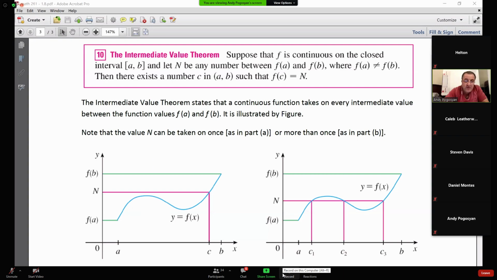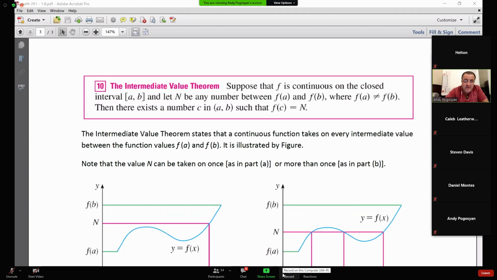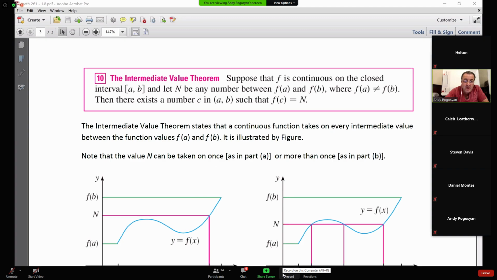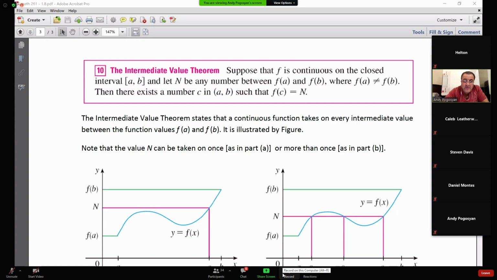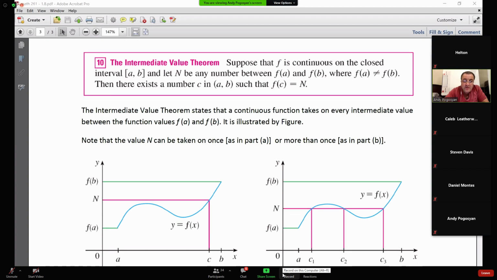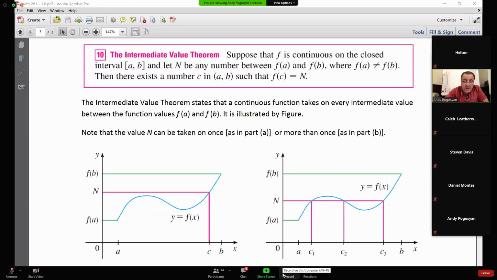Okay, so the intermediate value theorem states the following. f is continuous on the closed interval a, b, and let n be any number between f of a and f of b, where f of a is not equal to f of b. Then there exists a number c in a, b such that f of c equals n.